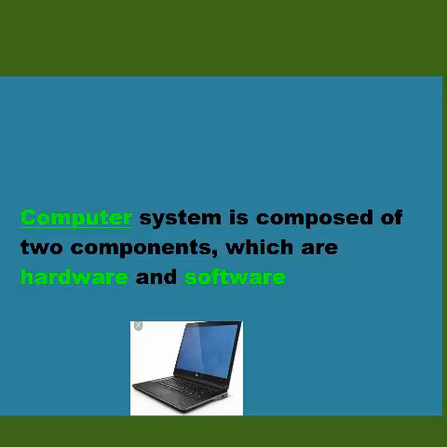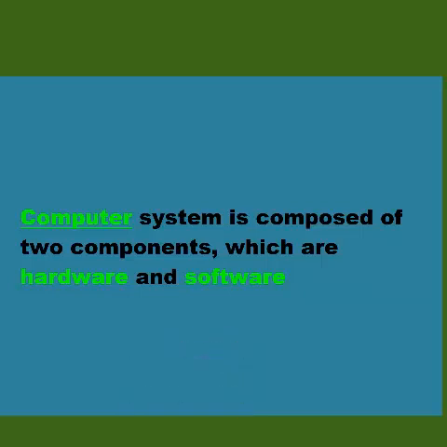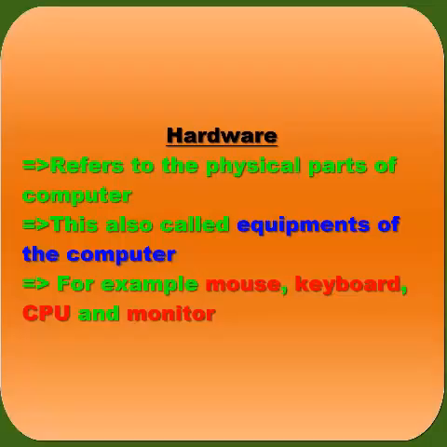Let us see now about the hardware. When we talk about hardware, we talk about the tangible materials, or the physical parts of the computer, the materials which can be touched. This is also called the equipment of the computer. For example, mouse, keyboard, central processing unit or CPU, and monitor.